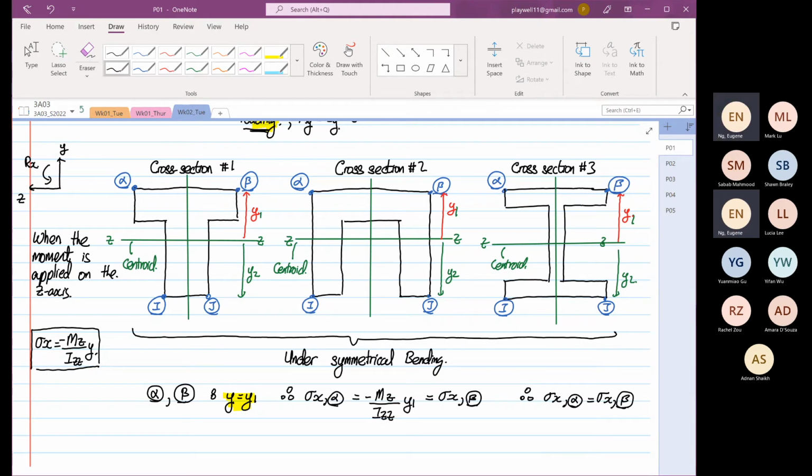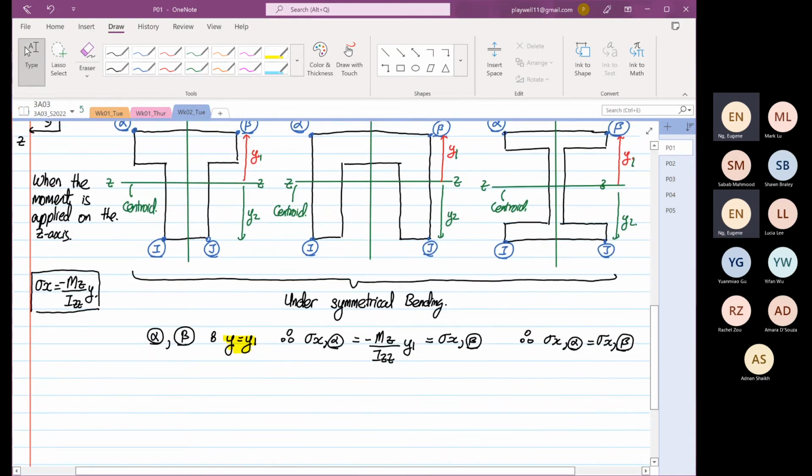Then if we look at points I and J, y is now equal to y2 relative to the centroid on the z-axis.